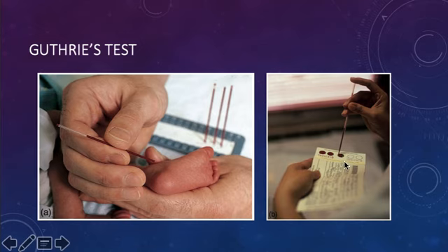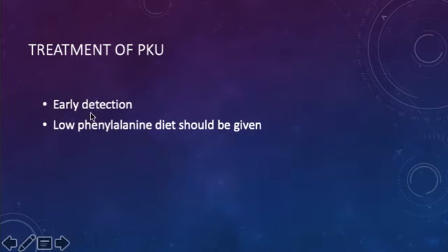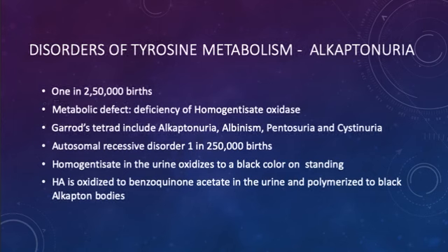Any increase in phenylalanine levels, you will see that there will be bacterial growth. So this will be positive. So how is the treatment of this? You do an early reduction, and a low phenylalanine diet should be given to these patients up to 15 years, right?